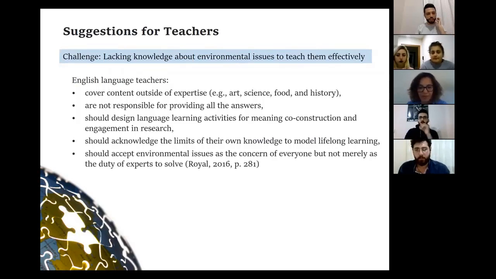All right, and we should also accept environmental issues as the concern of everyone, not merely as the duty of experts to solve. That's very important. Sometimes people might say, yeah, I live in this world, but I'm just an English language teacher, so bringing solutions to these problems is not my duty. There are people who are paid and they should go and solve it.